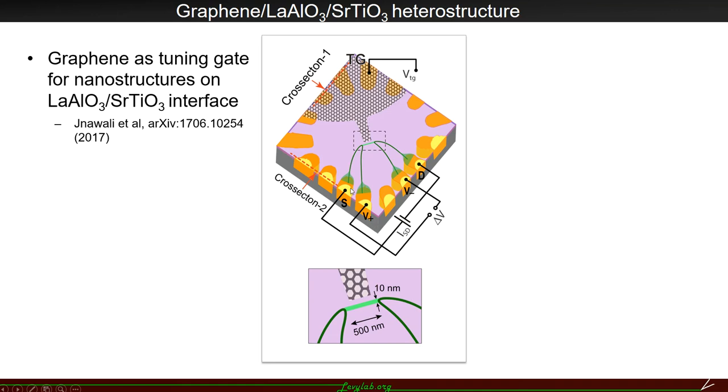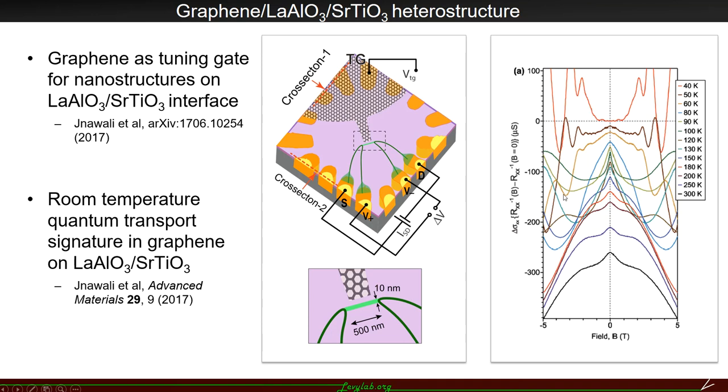In our earlier attempts, we have shown that combining these two systems can show some really interesting results. In this case, we patterned graphene onto the LaAlO3/SrTiO3 interface and saw graphene is a really great gating material. And in another experiment, we observed a room temperature quantum transport signature.